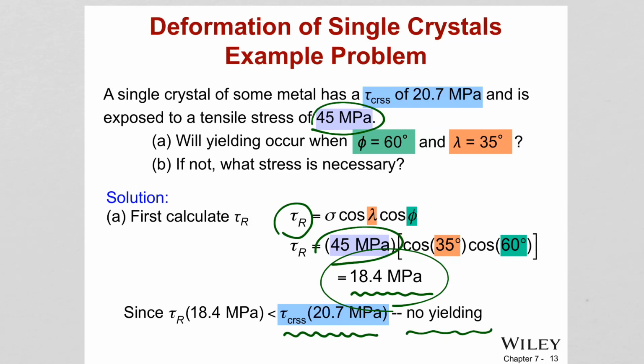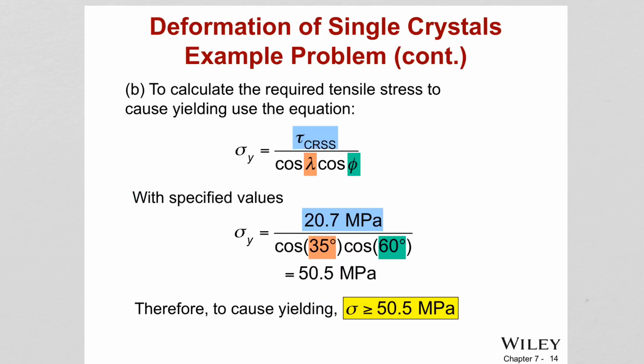So the next question was, if not, what is the normal stress, the tensile stress we apply, to achieve that critical resolved shear stress? And now we know the equation for the yielding to happen. So the yielding normal stress that needs to be applied is equal to the critical resolved shear stress over cos lambda times cos phi.